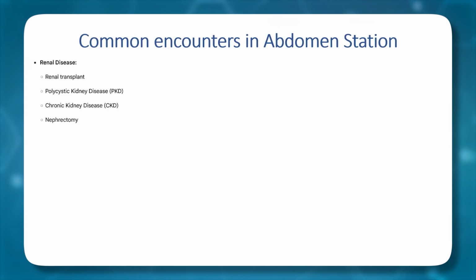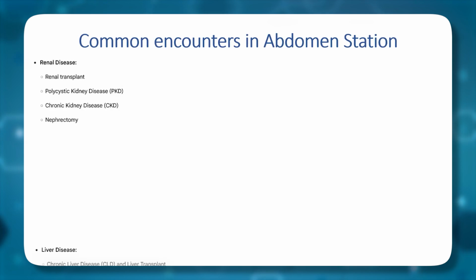Now, here is the twist. You might get a patient who is neurologically compromised due to a stroke, and yet the patient is there in the abdominal station. So, these are the twists that you should expect. Now, you might have a patient with chronic kidney disease, you might have a patient with a nephrectomy scar.